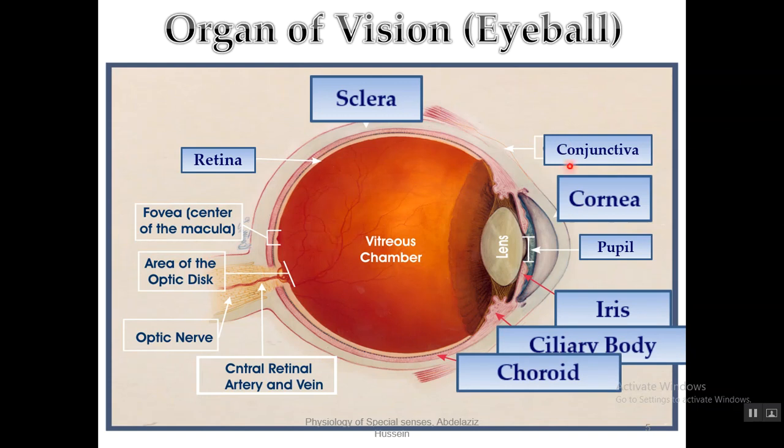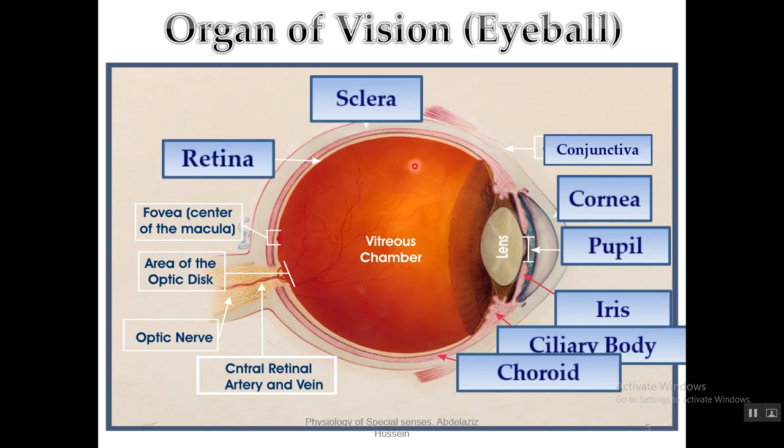The pupil, as we can see here, is an aperture or opening present at the center of the iris to allow the light rays to reach our retina. The innermost layer in our eyeball is the retina, which is called the photosensitive film. On this retina, the image is formed, as we will see later on.